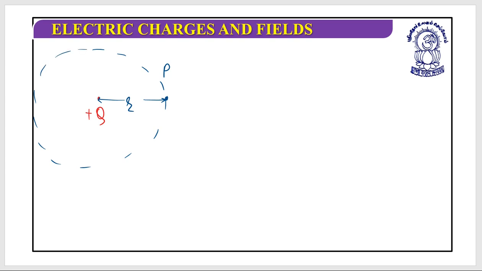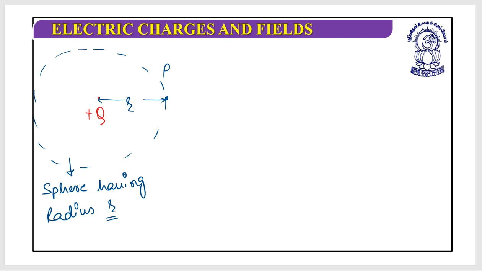This is a Gaussian surface that I have made, a sphere having radius r. You always need to consider one thing: at whatever point you require the electric field, you need to create a Gaussian surface such that that point is enclosed within the Gaussian surface.